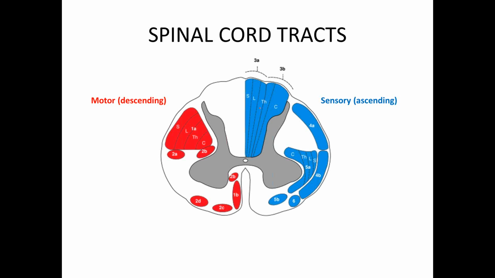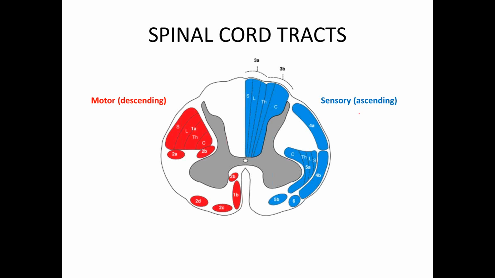We can also see that this is called the ascending tracts. And that makes sense, doesn't it? Because the sensory information goes in and up the spinal cord, up towards the brain.